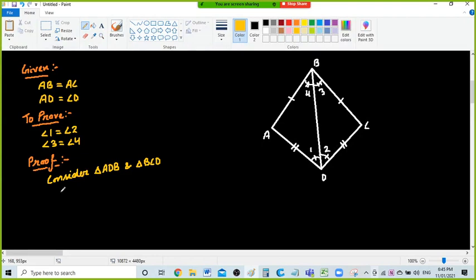In these triangles, we can see that as per the given situation, AB equals BC. This is given to you. Right? In the same manner, AD equals CD, that's also given to you.